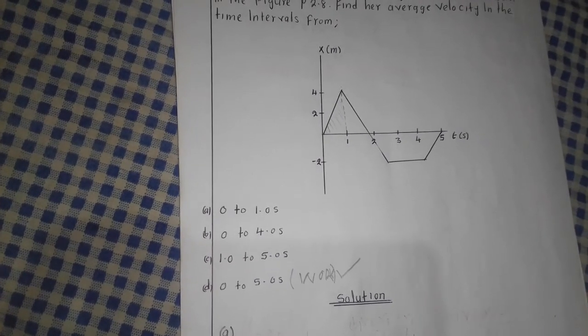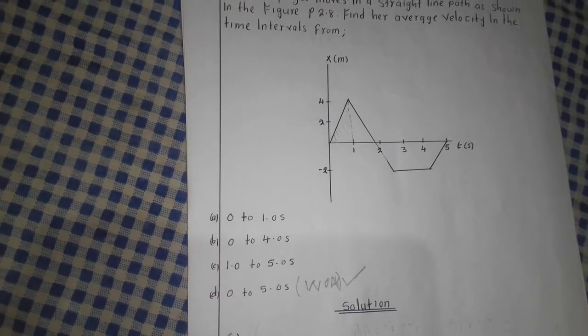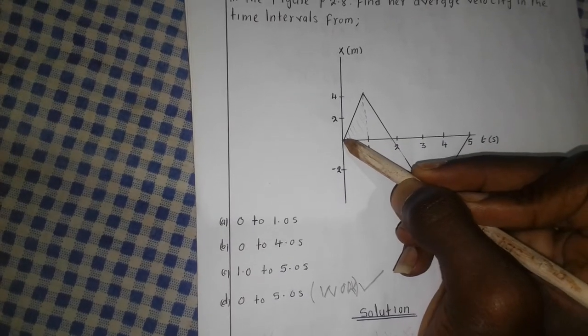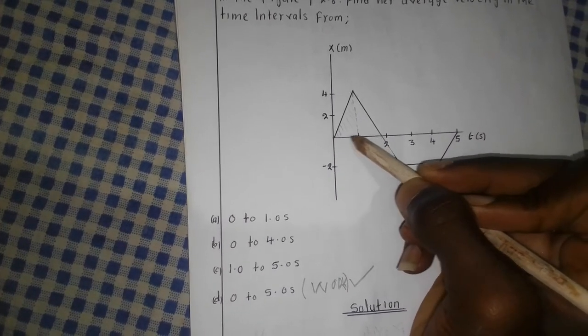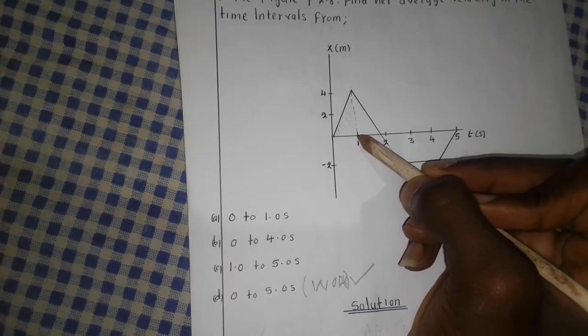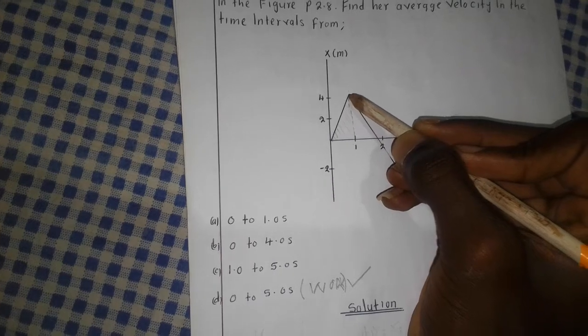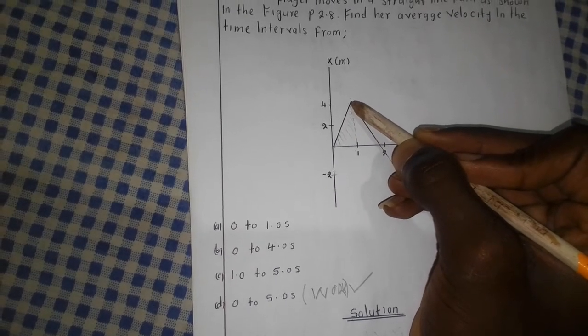A. Now, they are saying from 0 to 1 second. We are starting from here, 1 second, and then the distance traveled is from here up to here. This is the displacement.